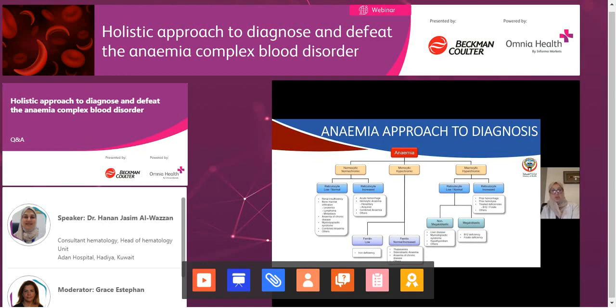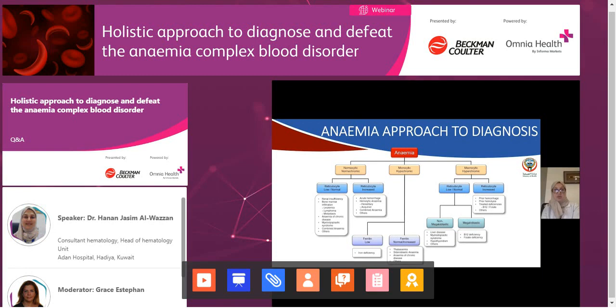In normocytic and macrocytic anemia, a reticulocyte count should be done. Patients with normocytic normochromic anemia with low or low normal reticulocyte count give us an idea. The differential diagnosis could be renal insufficiency, bone marrow infiltration, anemia of chronic illness, MDS, or combined deficiency.